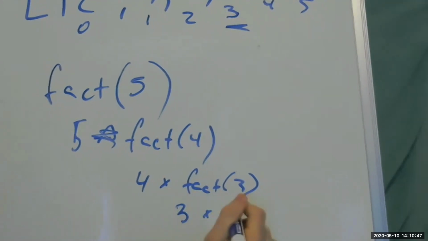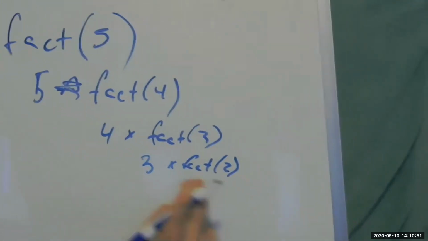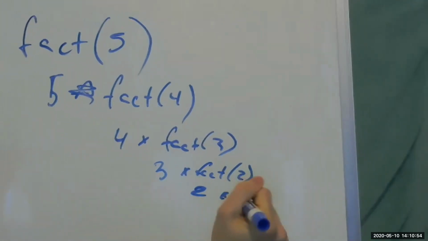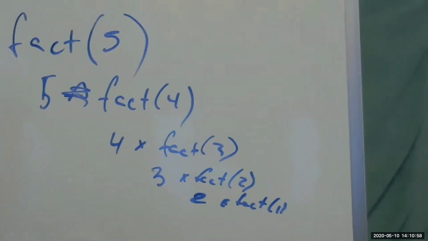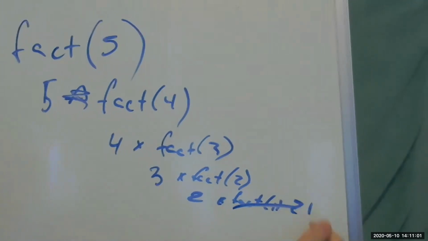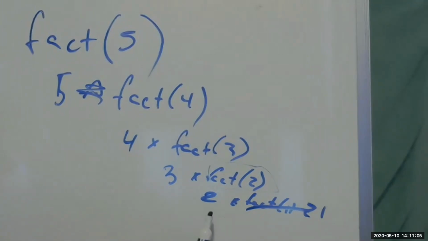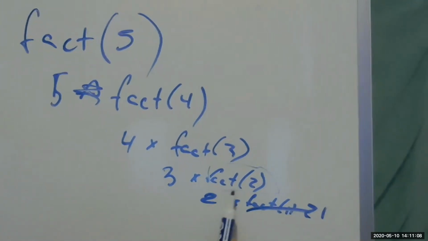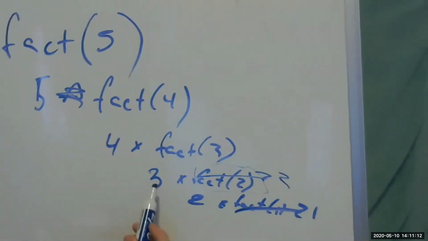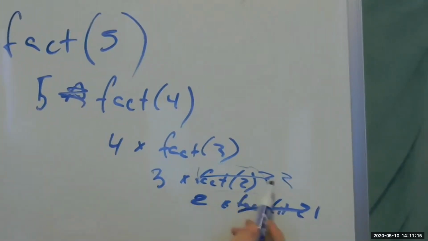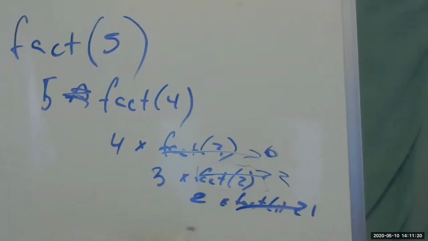So then it's 3 times fact 2. And that still hasn't resolved because this is still a function call. So 2 times fact 1. And we'll say, okay, this has resolved. That just becomes a 1. So I'll cross that out to be a 1. So then this function call resolved to 2 times 1. So that's 2. So this essentially becomes the 2. And so then 3 times 2, this can now resolve, and it bubbles back up. So now this is a 6, right?